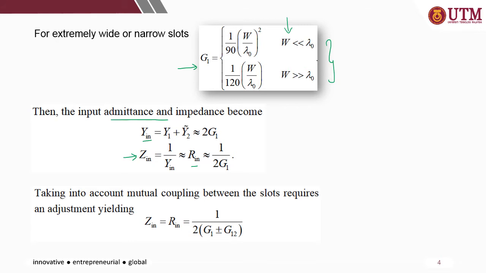And when the mutual coupling between the slots is considered, the total input resistance is equal to 1 over 2 times G1 plus or minus G12. So G12 is the mutual coupling conductance between slot 1 and slot 2.